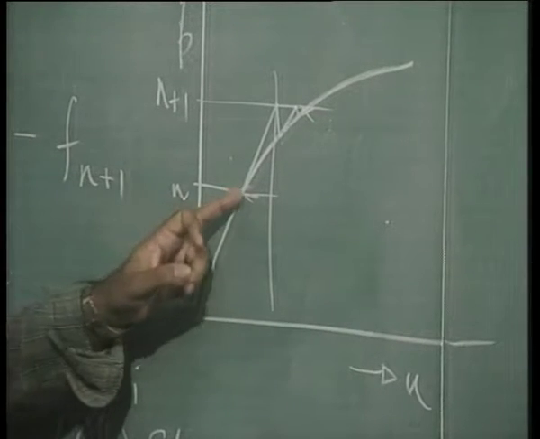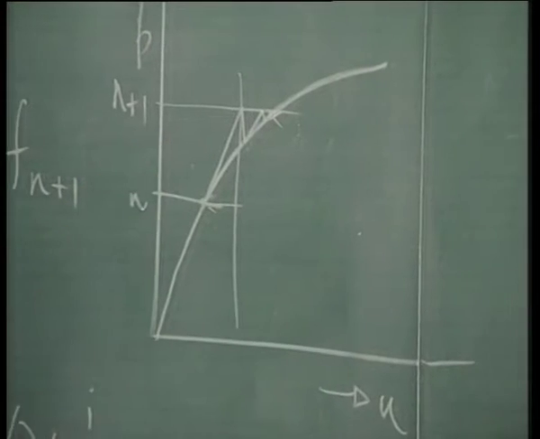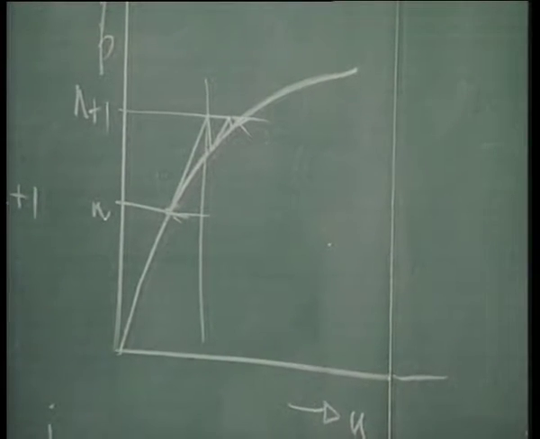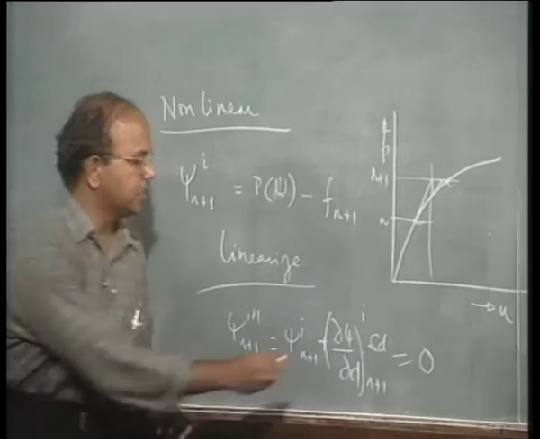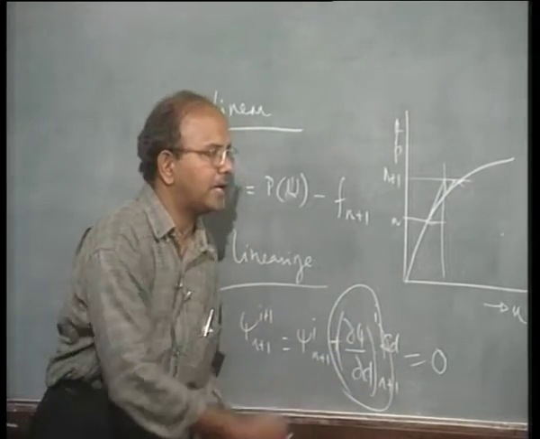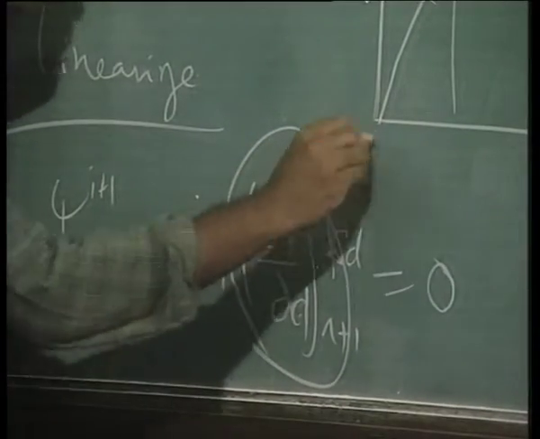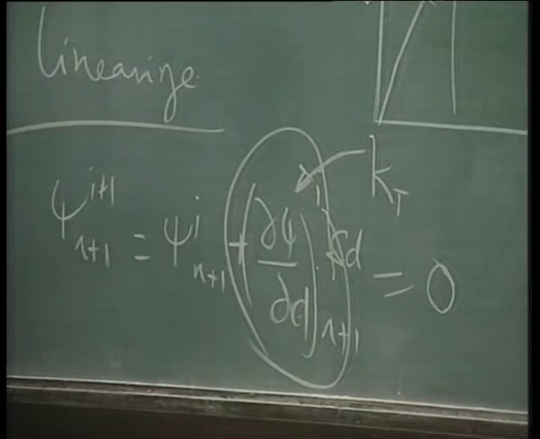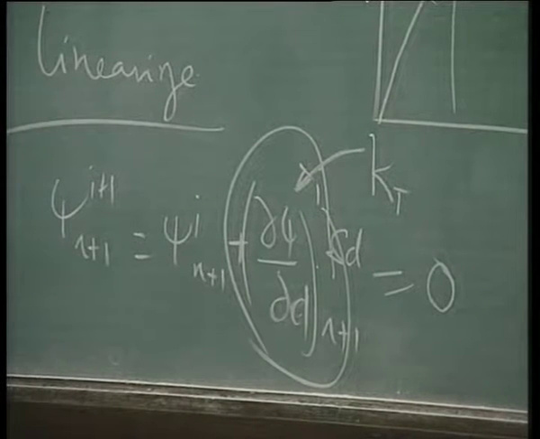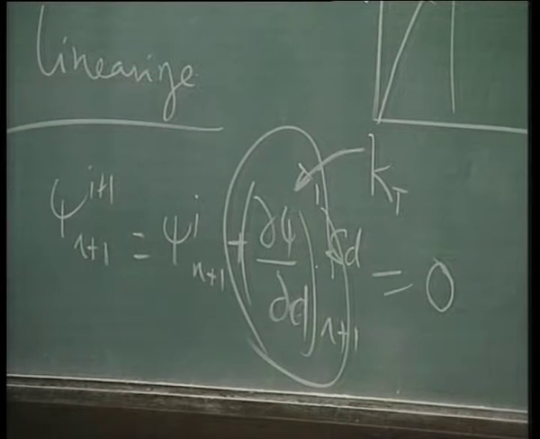So, I get the slope at this point and call this slope as tangent stiffness. So, this term here is called as tangent stiffness or KT. Is it clear? We call this as tangent stiffness or KT.